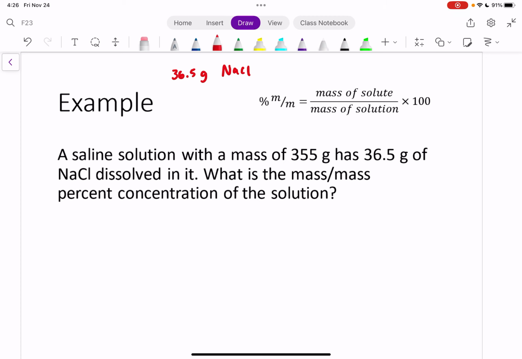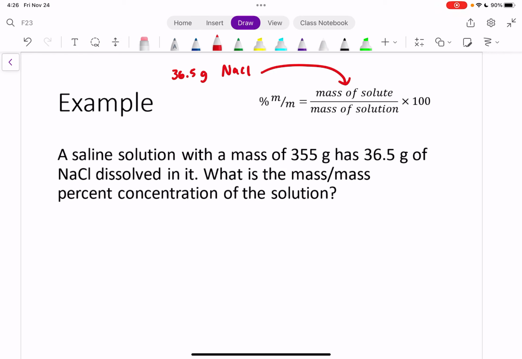So what's our NaCl in this example problem? Is that our solute, our solution, our solvent? Yeah, that's our solute, the thing that we're dissolving into water to get our saline solution. So that goes here.